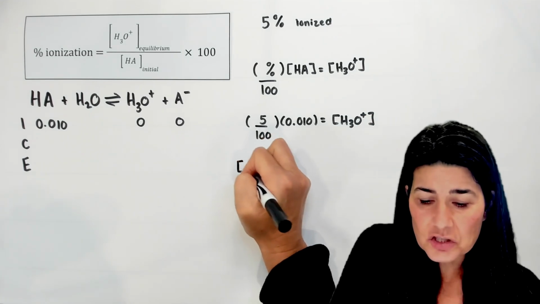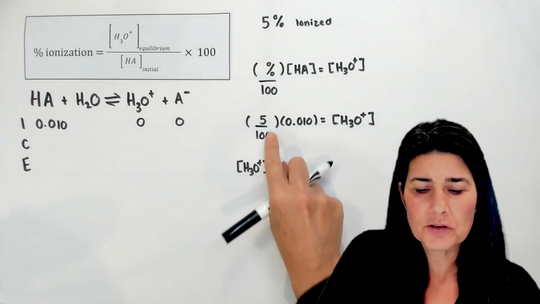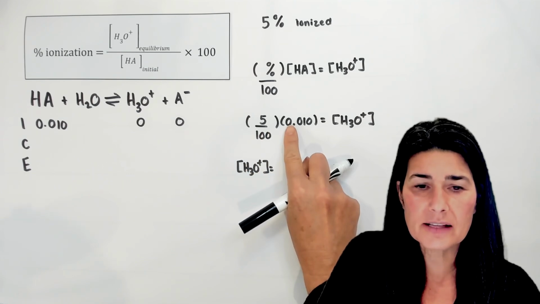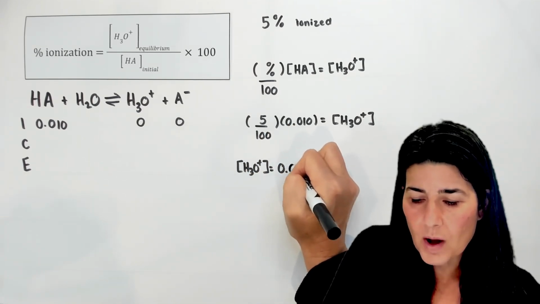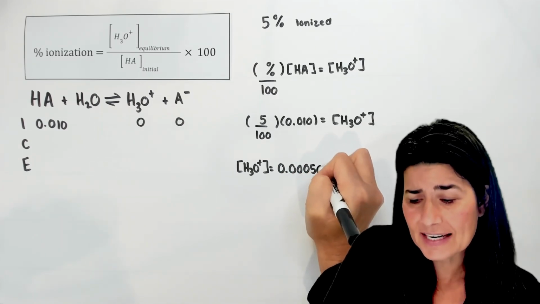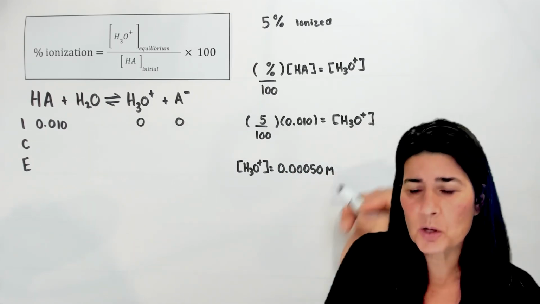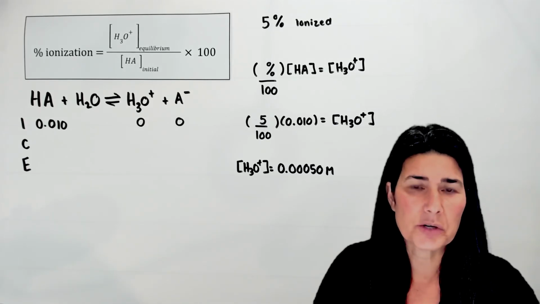If you do this on your calculator, it ends up being 0.00050. That is the molarity that we generate for our hydronium.